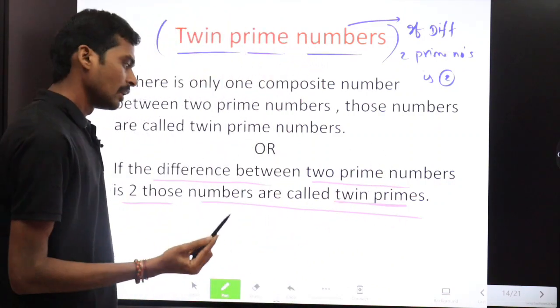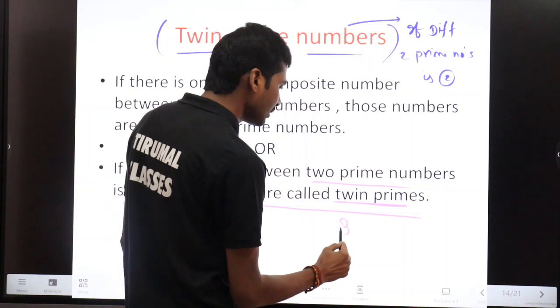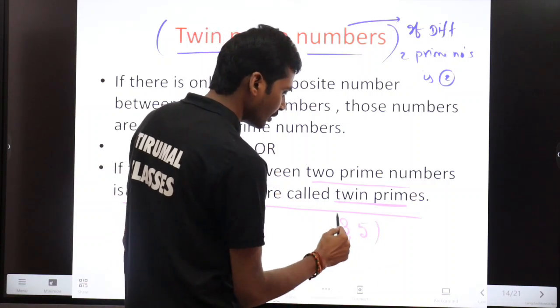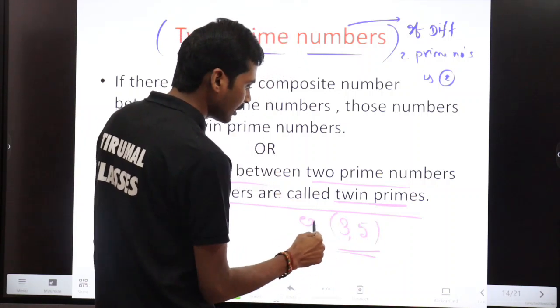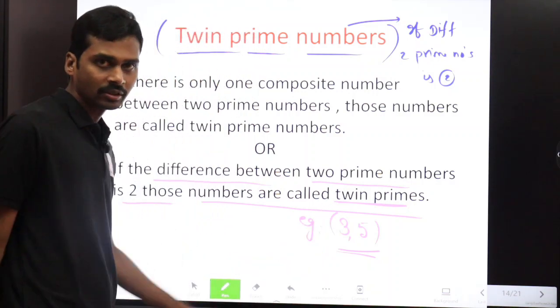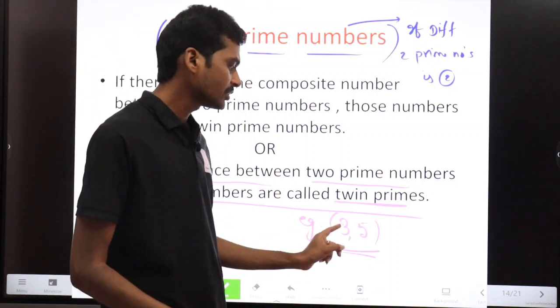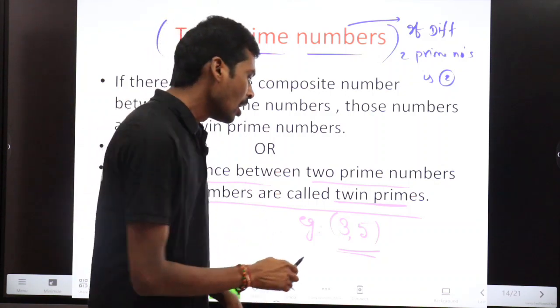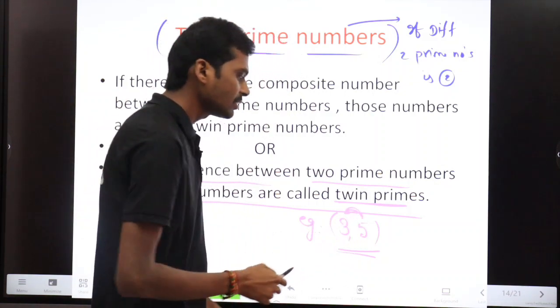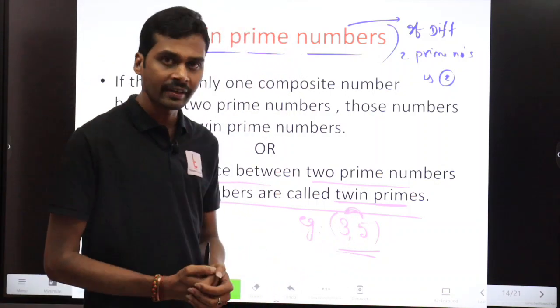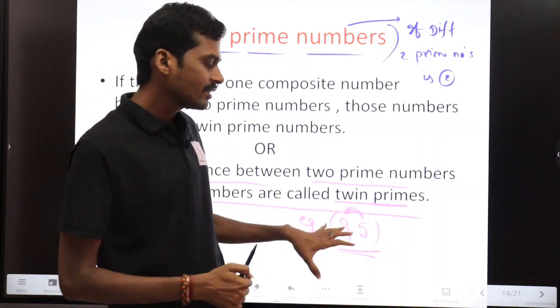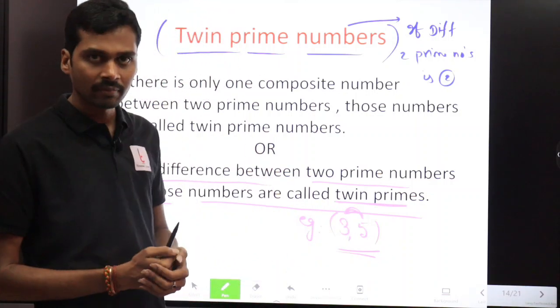So suppose I take the example 3 and 5. Can I call these 2 prime numbers twin prime numbers? Yes, because 3 and 5 are prime numbers. What is the difference between 3 and 5? The difference is 2, right? So I can say that 3 and 5 are twin prime numbers.